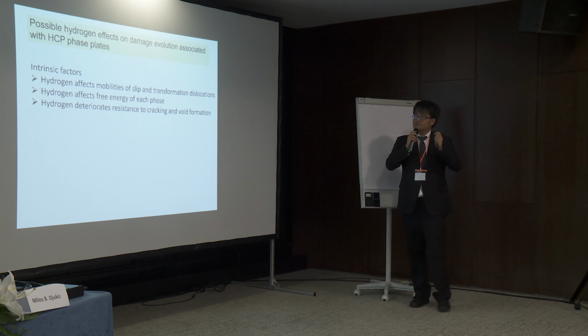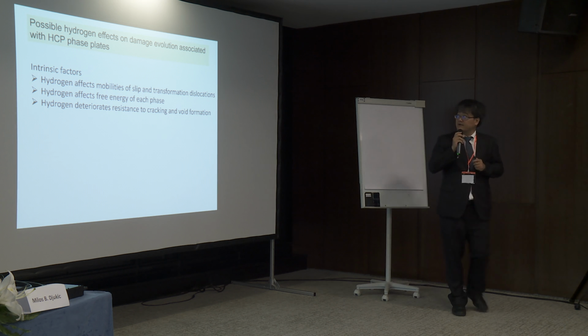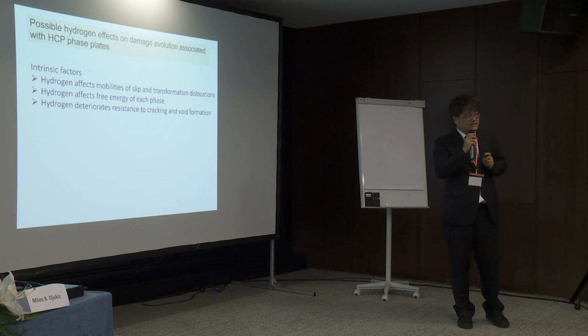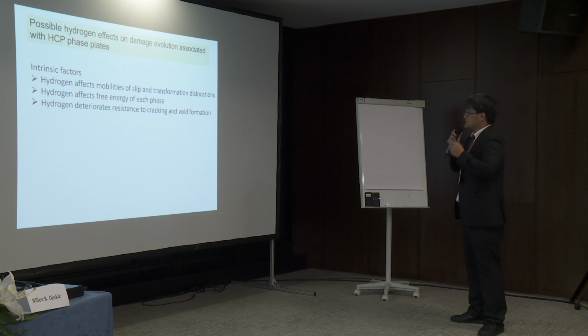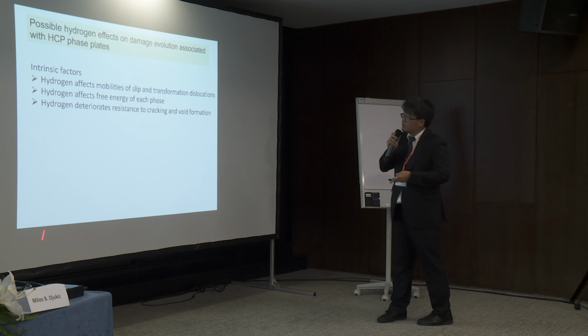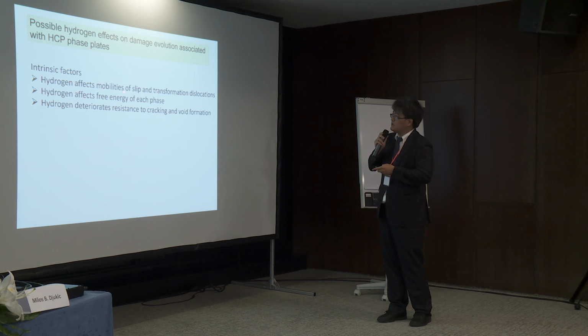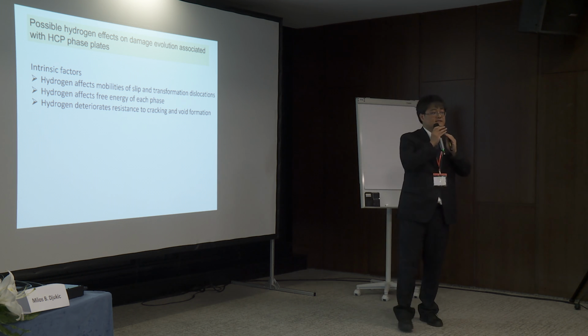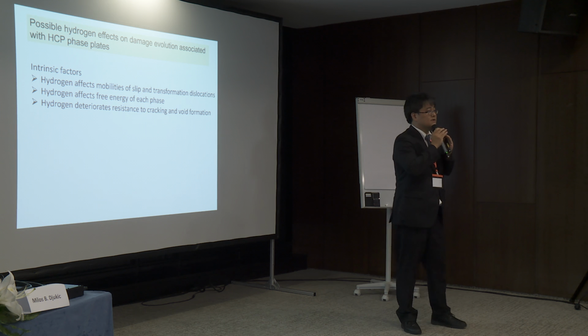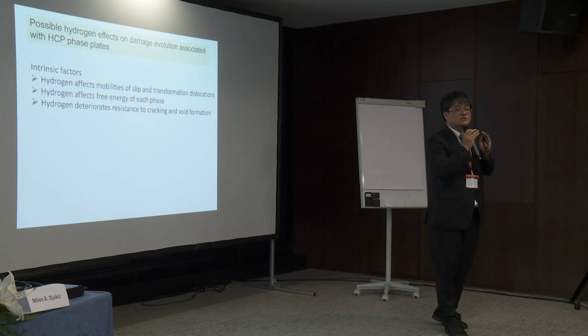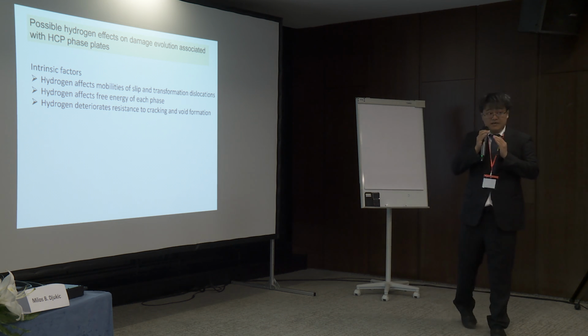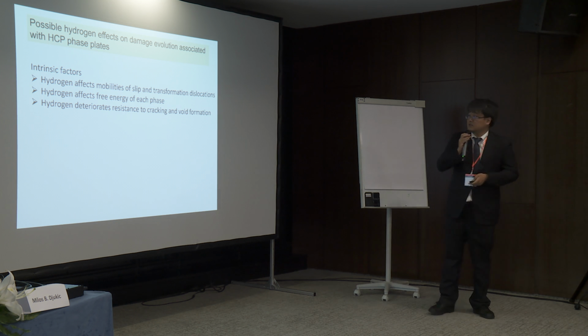Then let's raise some possible hydrogen effects on the damage evolution associated with the HCP martensite. As intrinsic factors, hydrogen affects the mobility of slip and transformation dislocations. Then such a difference in relative mobility of transformation dislocation and slip dislocation can change the transformation behavior, particularly in the HCP martensite.